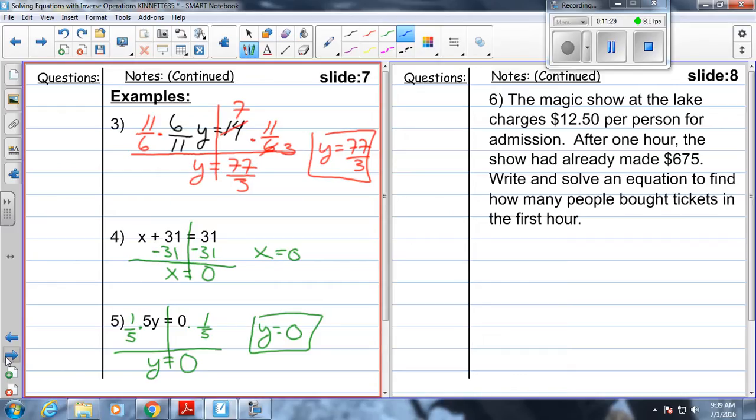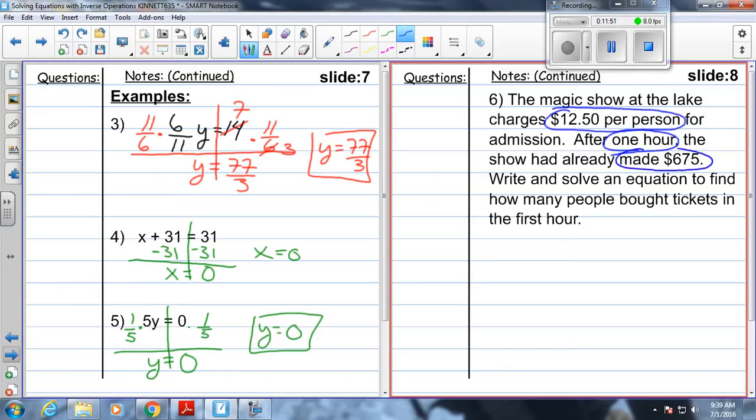So we're reading it along, and remember, we get really lost in these word problems, but everything is done just the way we read it, from left to right. So we have that $12.50 per person. That seems like we're going to multiply that for admission. After 1 hour, a lot of students are going to be circling that 1 hour, I bet. The show had already made $675. They made $675. Okay. I like the made to show it's a positive number.